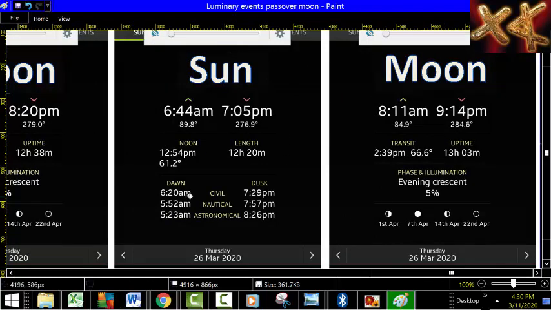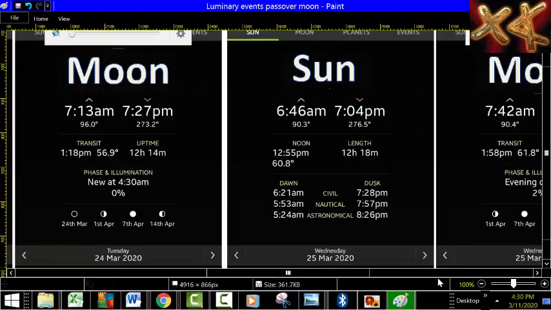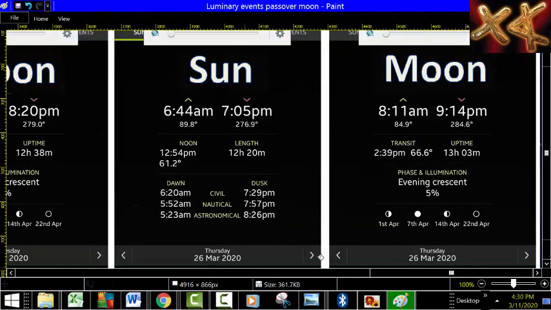So according to this information that we're looking at, the 26th day of March will actually be day 1. For us who like to start our days in the morning time, when we wake up in the morning on the 26th, we will be in day 1 of the month.